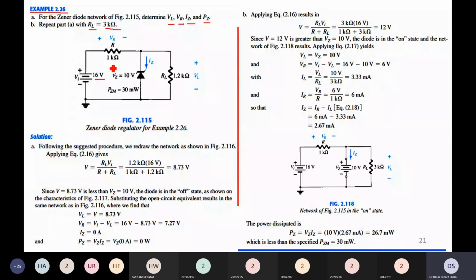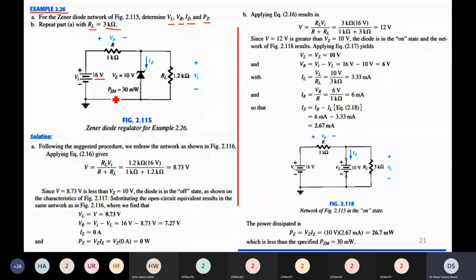Series resistance R is 1 kilo ohm. The Zener diode that we are using is of 10 volts, and the PZM, the maximum power dissipation that can be borne by this Zener diode, is 30 milliwatts, whereas for part A, RL is 1.2 kilo ohms.